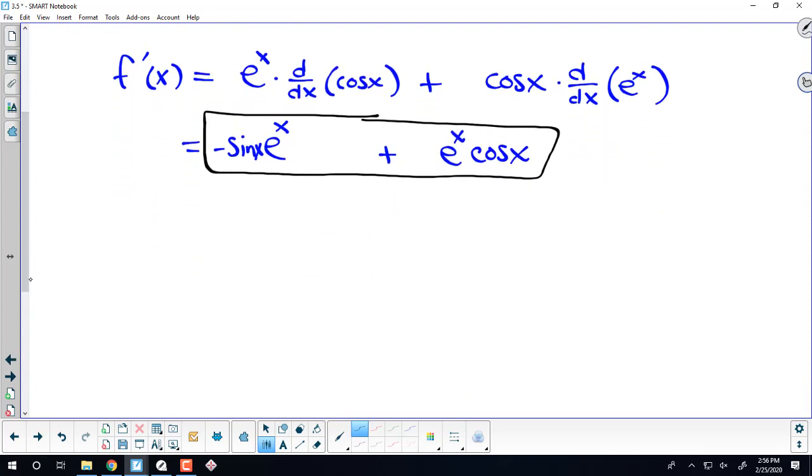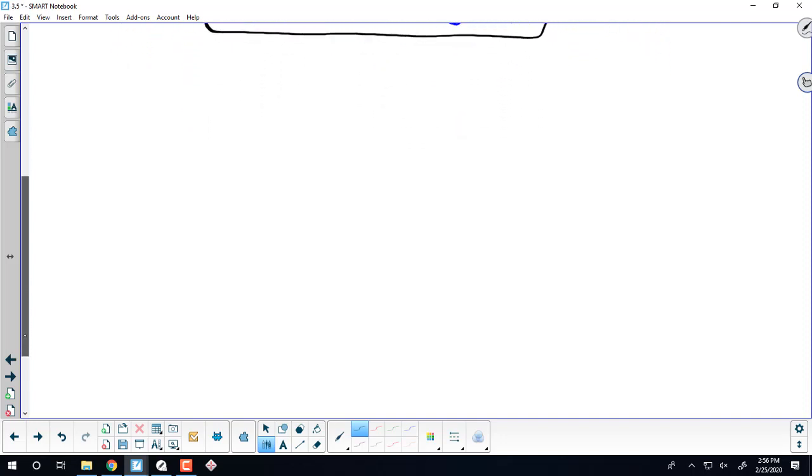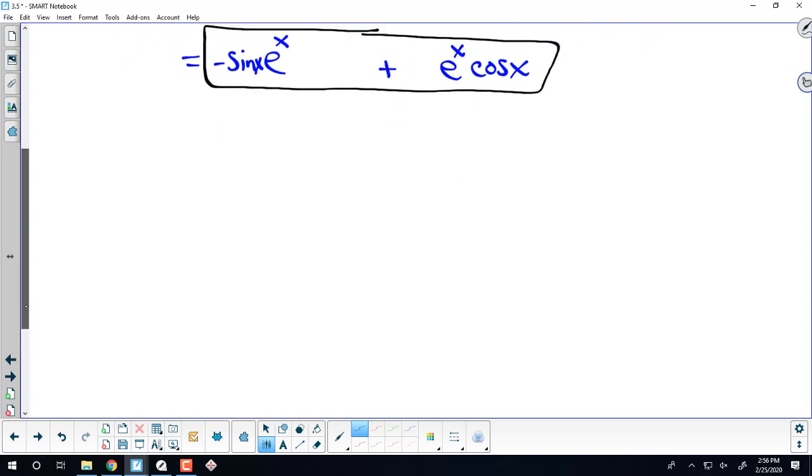Any questions? Still a product rule, just a new function we have to remember the derivative of.